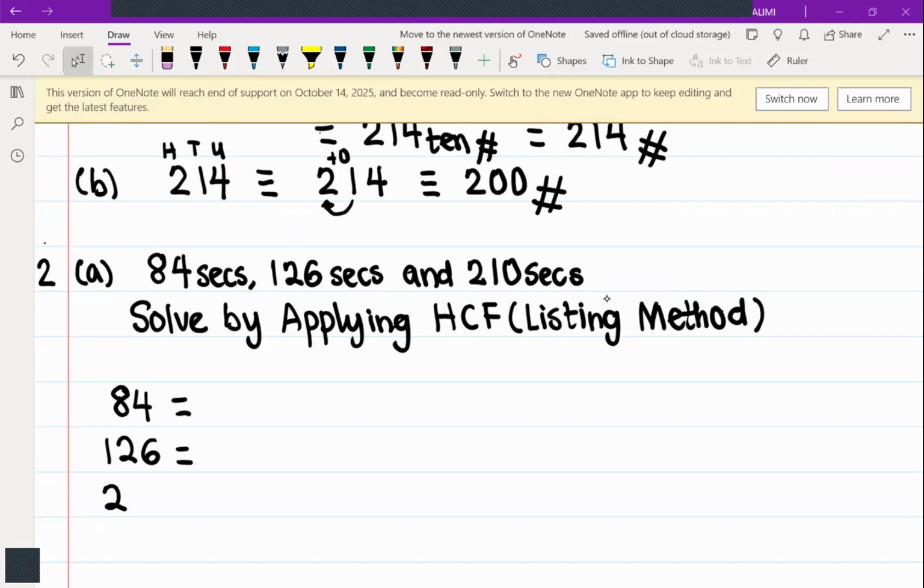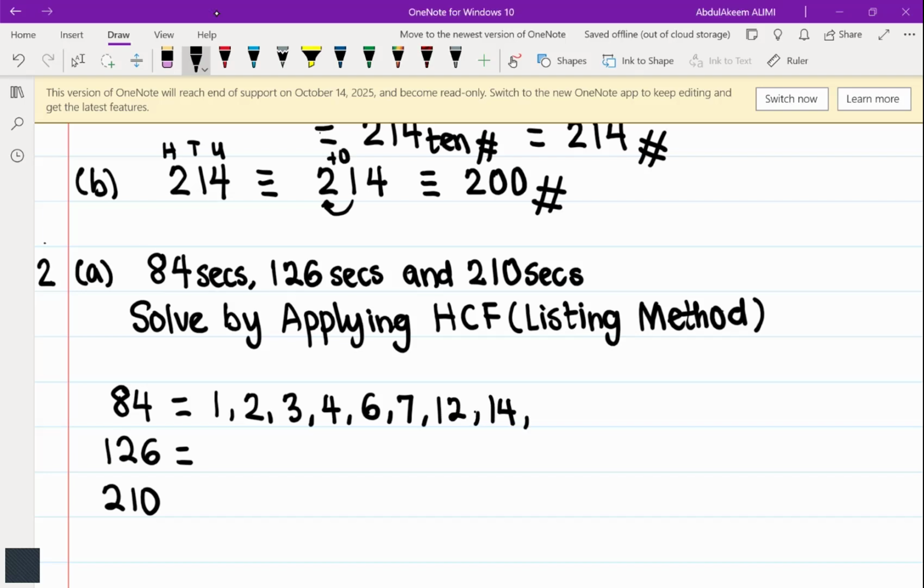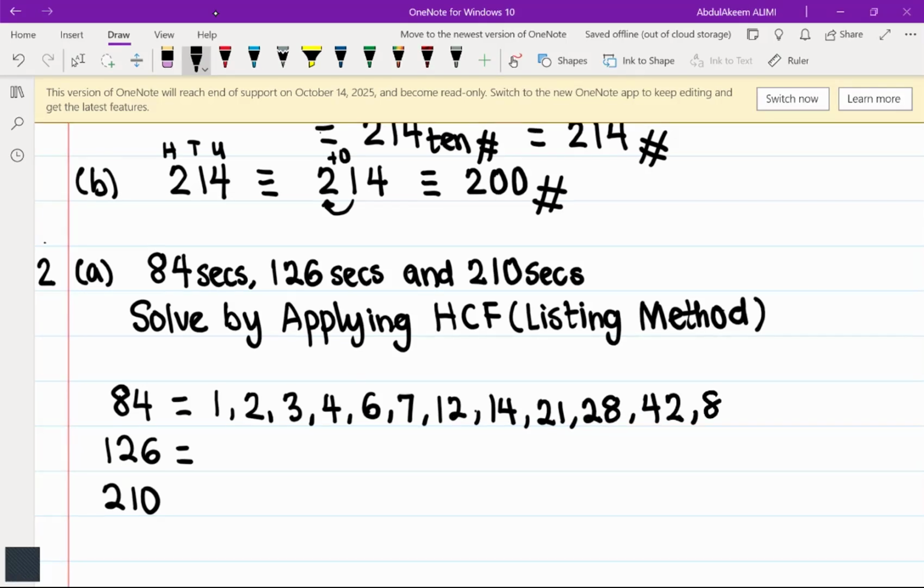So what are the factors of 84? I have 1, 2, 3, 4, 6, 7, 12, 14, 21, 28, 42, and 84. For 126, what do I have?